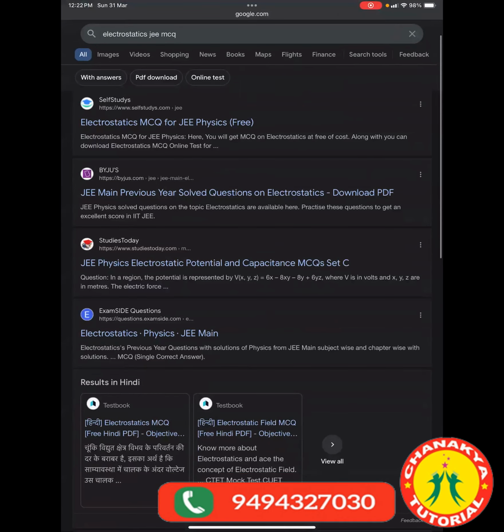First the distance was r, second the distance became r by 5, and the dielectric constant is 5. The dielectric constant was 1 because it was vacuum, and now it is 5.